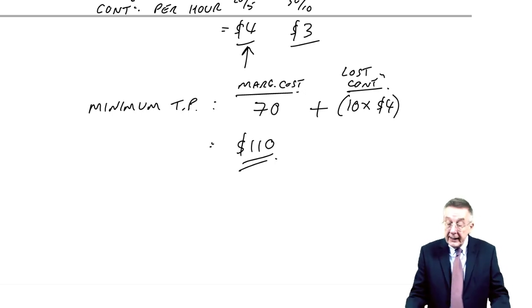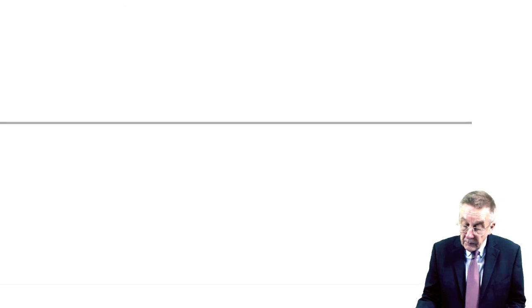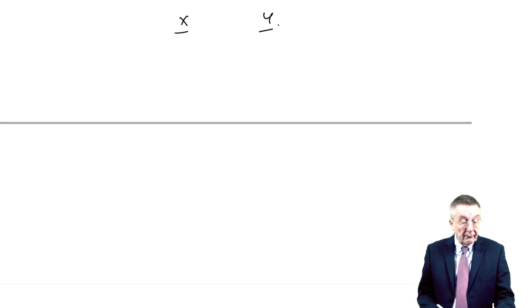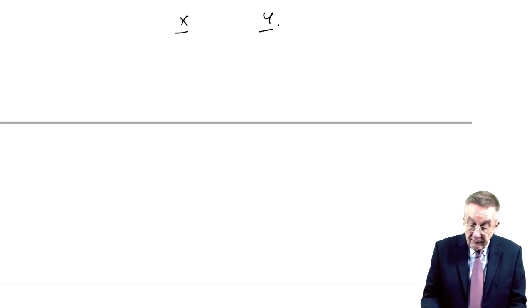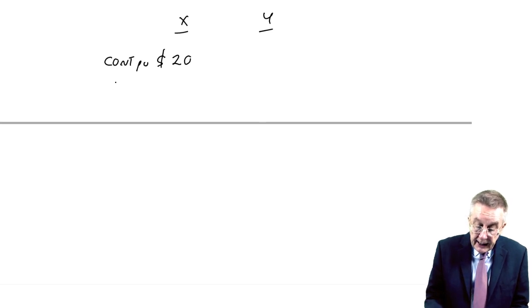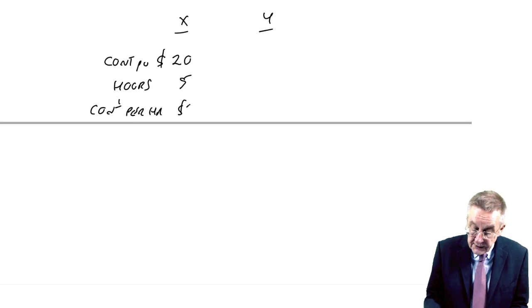If you're still at all worried, just look at this. We have the choice of X and Y. X gives a contribution of 20 a unit. It took 5 hours, and therefore the contribution per hour was $4.